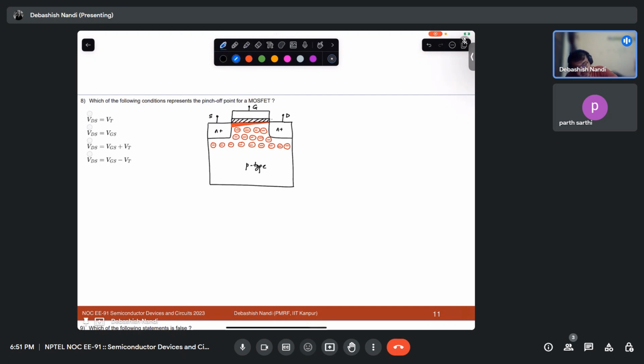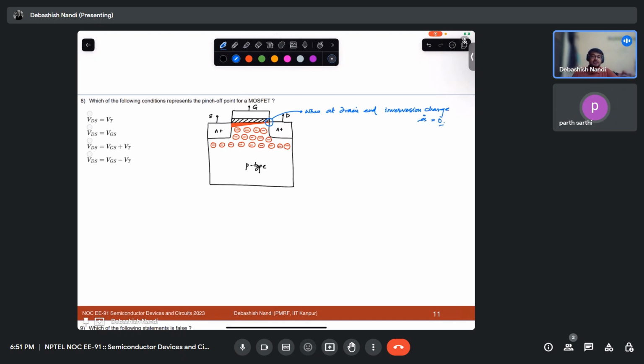Pinch-off is this, right? When at the drain end, the inversion charge is what? Zero.